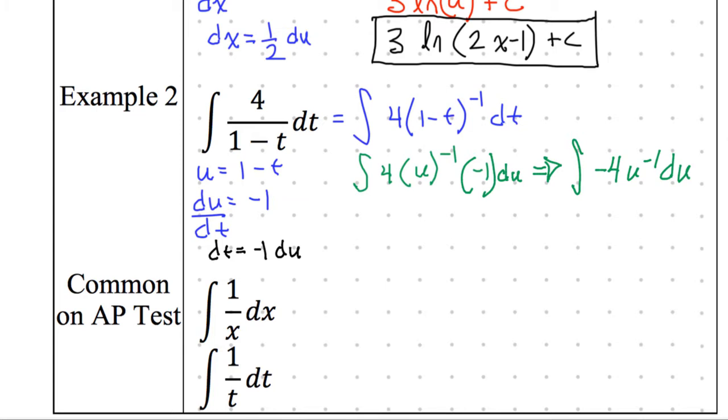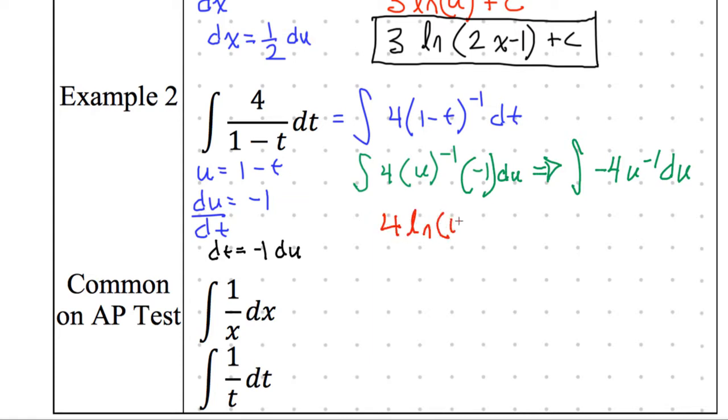All right. And we can take the antiderivative. Can you take the antiderivative and plug in the u all at the same time? Let's see if we can skip a step. It would be 4 times the natural log of u plus c.